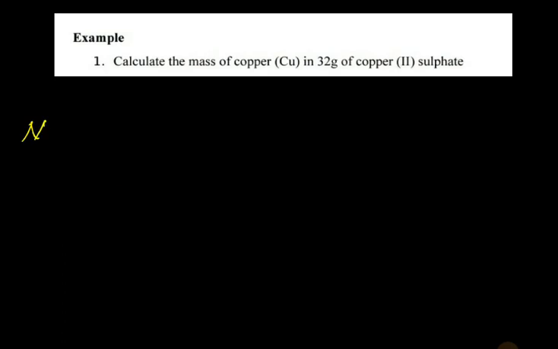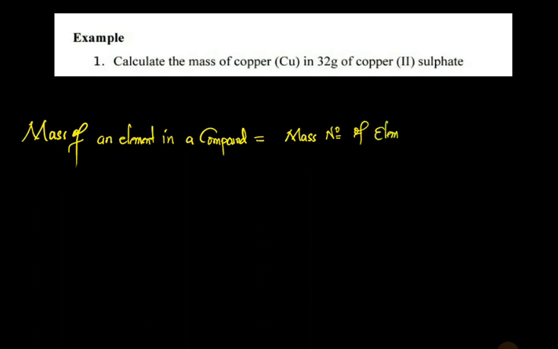So I'm giving you the formula. The mass of an element in a compound is equal to the mass number of that element, over the molar mass, which is the relative molecular mass of the entire compound, multiplied by the sample mass.